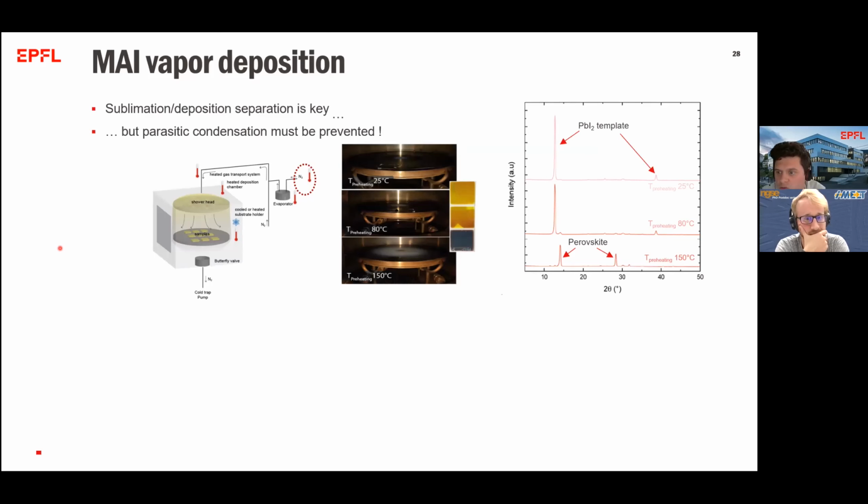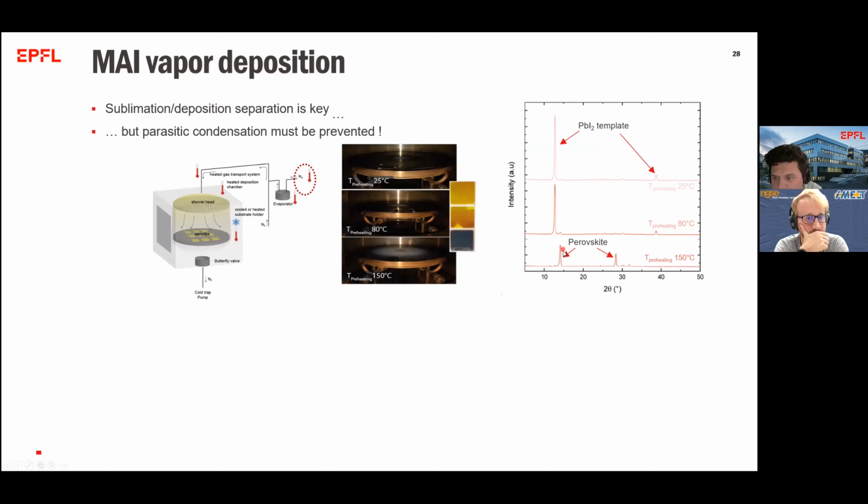If you have too low a temperature, there will be parasitic condensation before the methylammonium iodide ever reaches the sample. If you then increase it, you slowly see that the perovskite forms, and at a preheating temperature of the gas of around 150, you can see that perovskite forms and the lead iodide is gone, and this is also visible. We form a perovskite, a nice black film, whereas the other ones stayed rather yellow.